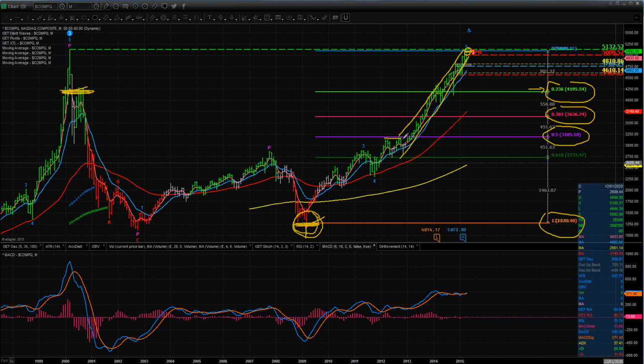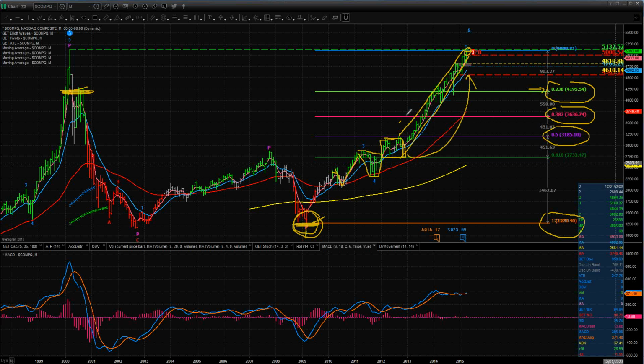Outside of almost a solid year right here of staying within a range, and then 2011 having a little bit more of a down year, and 2010 finishing higher with a little bit of a pullback in the summer and then a strong finish. Ever since we got through towards the beginning of 2013, we have been on a tear up. Just very strong, very fast.